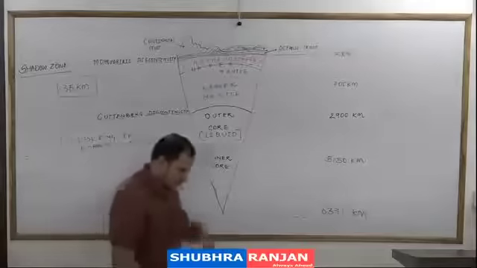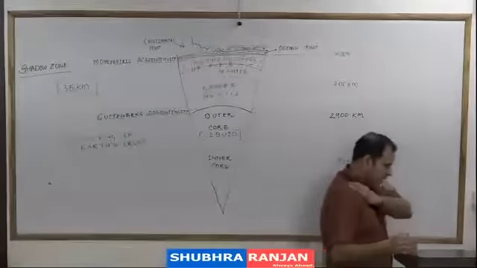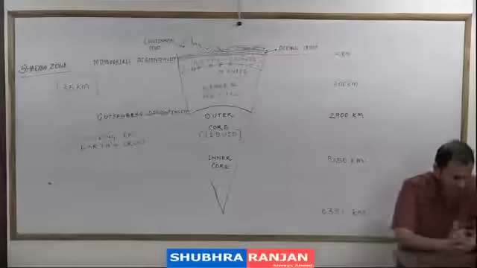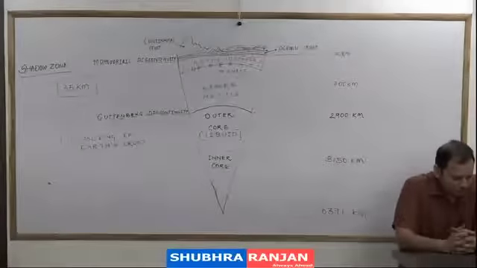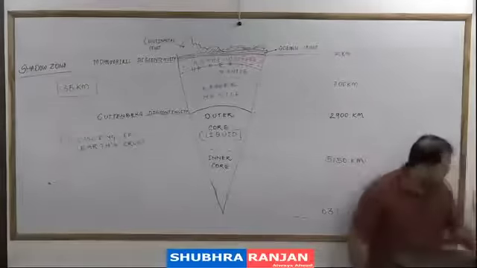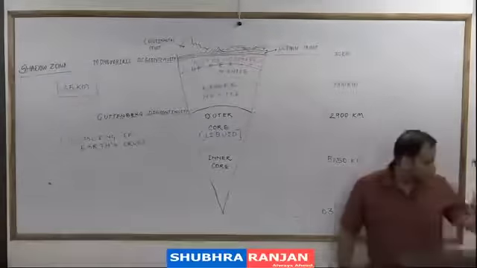Oceanic crust. It is made up of rocks of higher density.